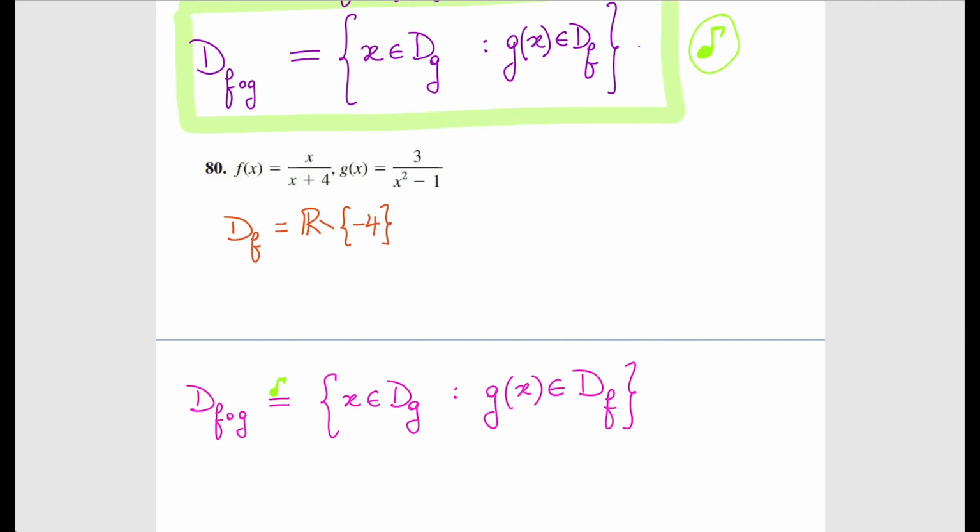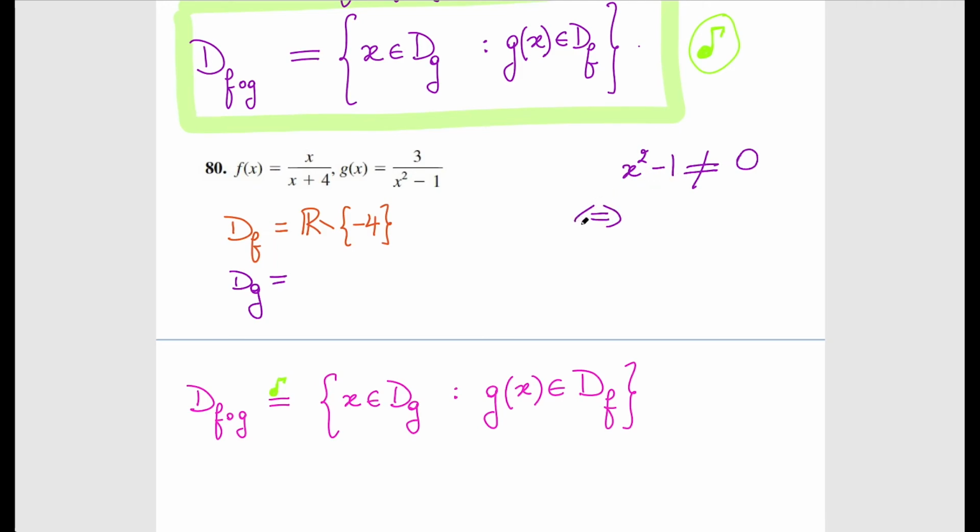How about the domain of G? The domain of G is the collection of all real numbers that allow the numerator to exist, but the numerator is a constant, so it exists all the time, and the denominator to exist, but the denominator exists for all real numbers, and the last part is that I need the denominator, which is x squared minus 1, not to be 0, correct? And when does x squared minus 1 equal 0?